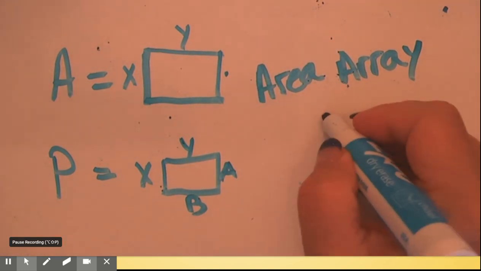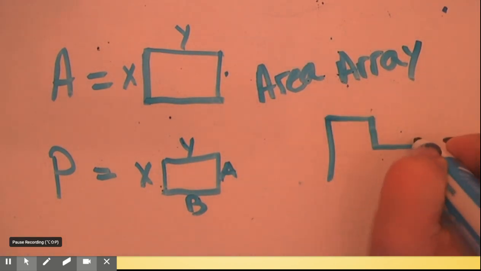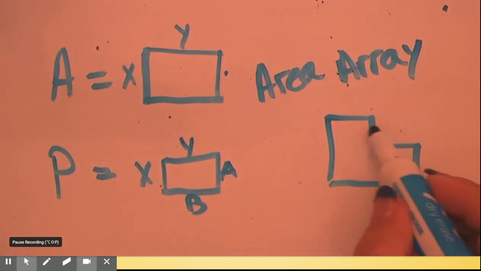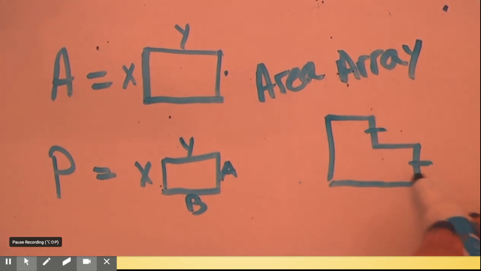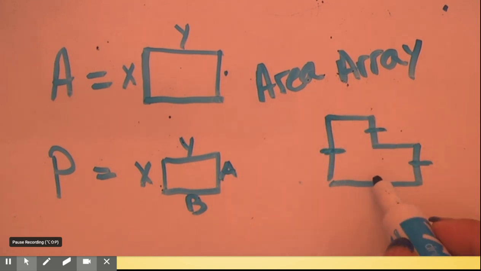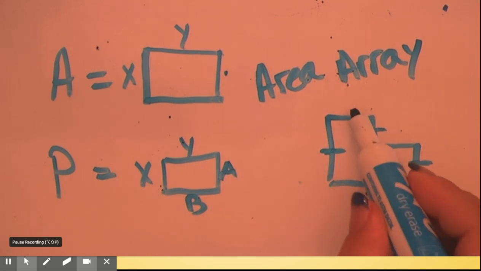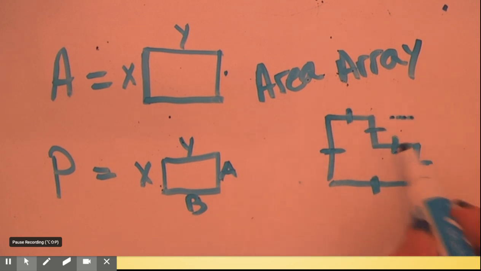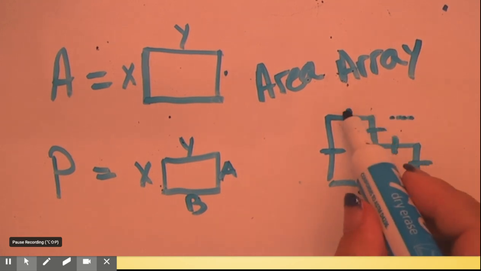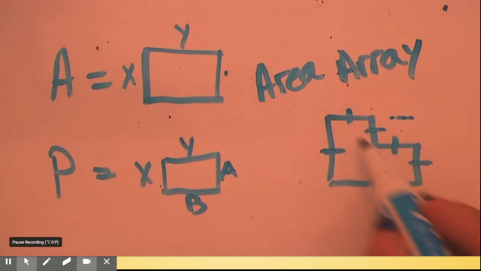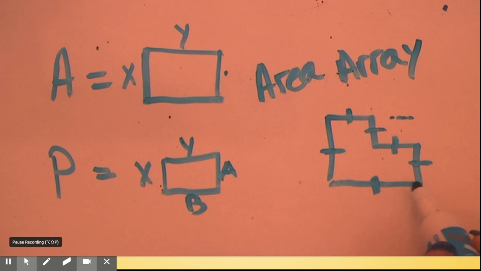When it won't is when you get into crazy shapes like this. But still, this and this, if you add those two together, will equal this side over here. And this side right here will equal this plus this. Because if you were to move it down in your brain, you can see how this plus this would be the same as one long piece here.